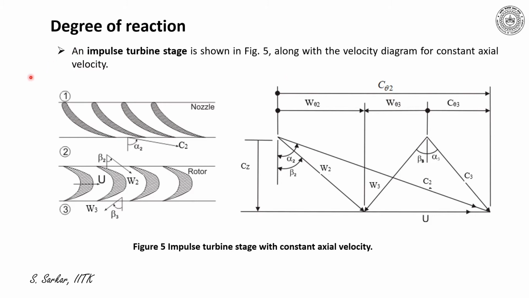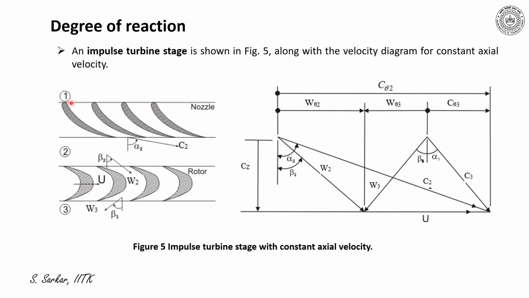If we take a circumferential section and stretch it on a paper, I would get the velocity profile of an impulse turbine stage. Here I have indicated the nozzle followed by the rotor. Please note the rotor construction. It is a very symmetrical blade.